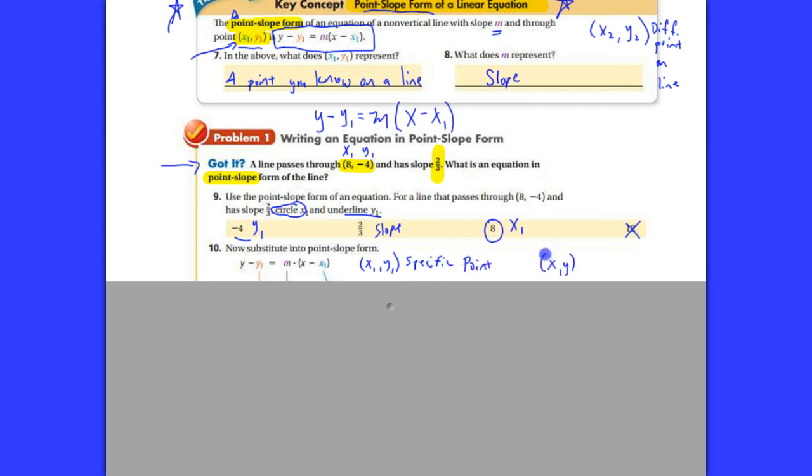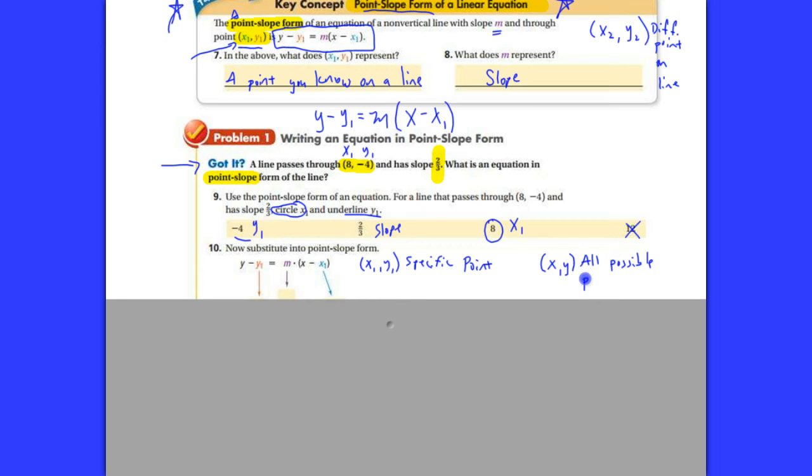This x and y represent all the other possible points that make up the line, because there's an infinite number of points on this line. If you put in one value for x, you could solve and get something different for y.